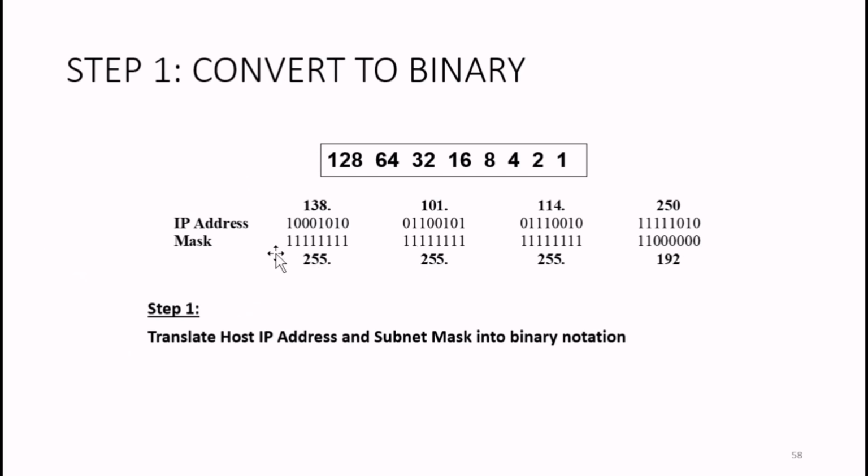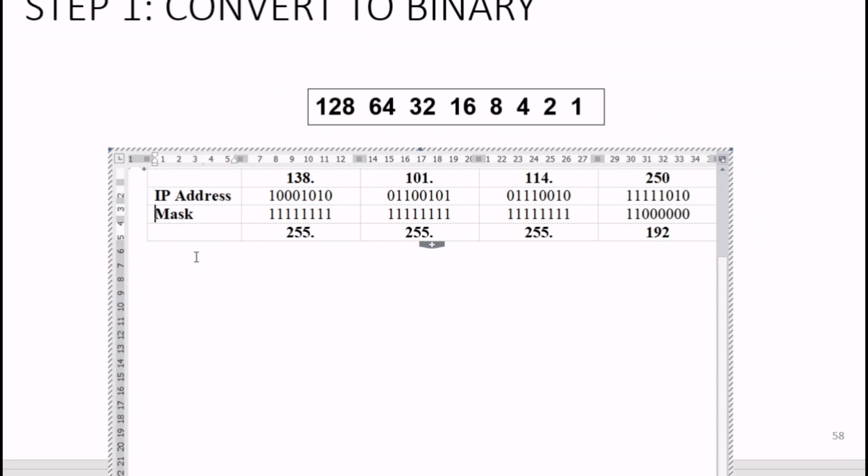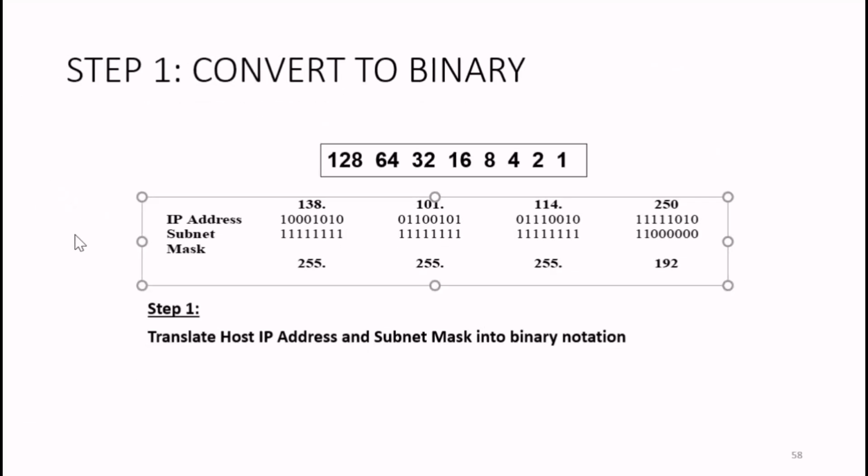You can use a calculator. For the IP address 138.101.114.250, convert it to binary, and for the mask, which is the subnet mask, you need to convert 255.255.255.192 to binary.